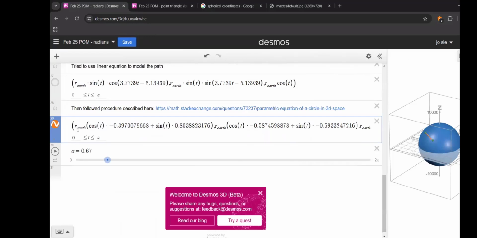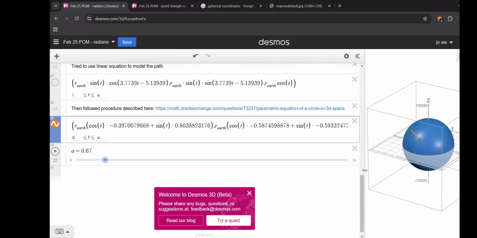So now I've got my parameterization. Just like I did before, I need to find the derivative, which in this case was actually easy since I'm now adding things together. I don't have a chain rule anymore. So I just got to do the derivative of cosine and sine with some constant multipliers.